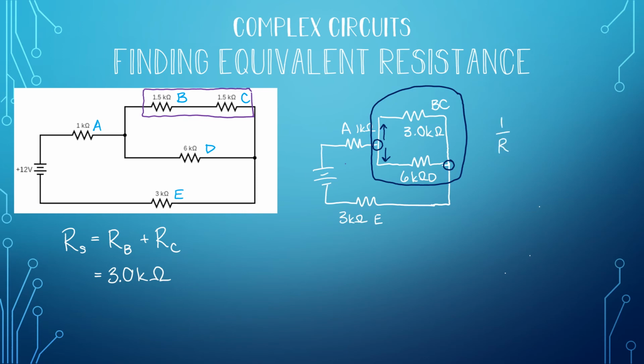We know the equation for a parallel circuit is 1 over the equivalent resistance is 1 over, we often said R1, but I'm going to put RBC here, plus 1 over the resistance of D. So basically we're adding 1/3 plus 1/6 and then taking the inverse of those. And when I do that, I end up with a resistance of 2 kiloohms.